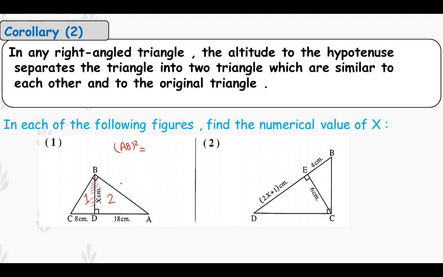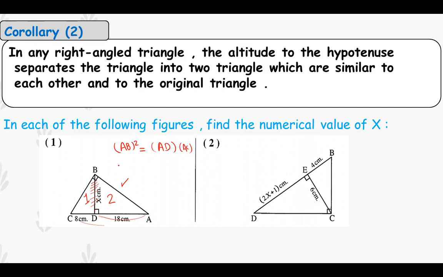So AB equals AD multiplied by the hypotenuse AC.